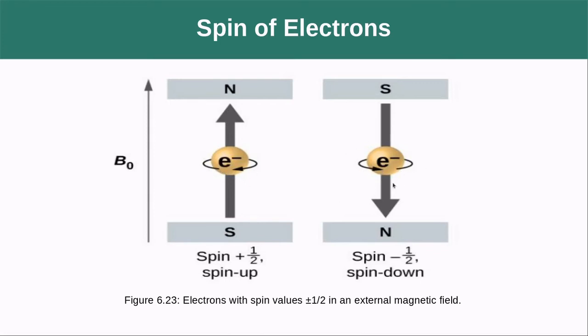It's really honestly only been in the last years that this has been debunked. But you can think of it like the electron being a little magnet with a north and a south pole that could be oriented in one way or another when you apply an outside magnetic field. Basically, if I apply this outside magnetic field here, the electron can orient to it or it can orient against it.